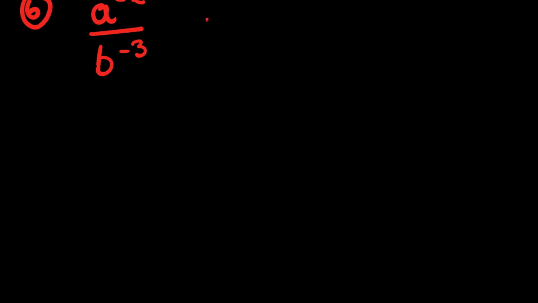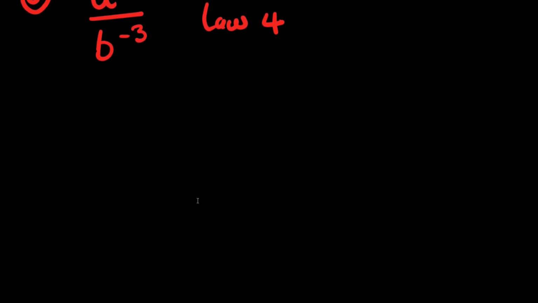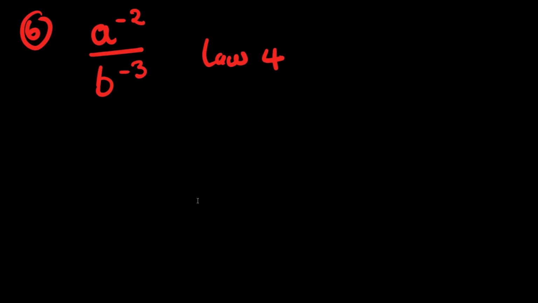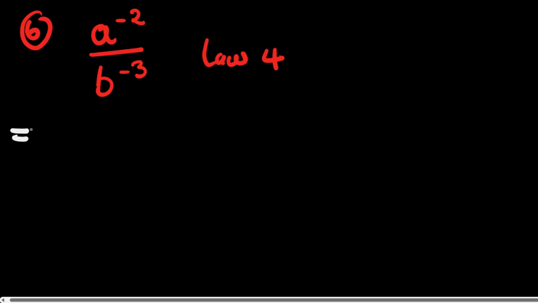It is law number 4. Law number 4 states that any base to a negative exponent is equal to a fraction. So let's see how that can solve this question here.